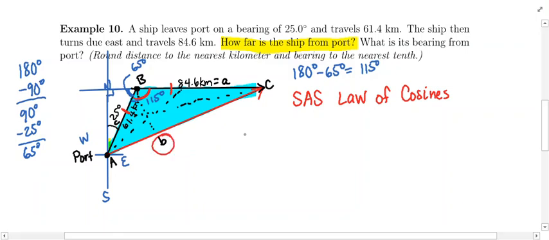Okay, so if you go back and look at the variations of the law of cosines, we are going to use the version that's going to allow us to solve for b squared.